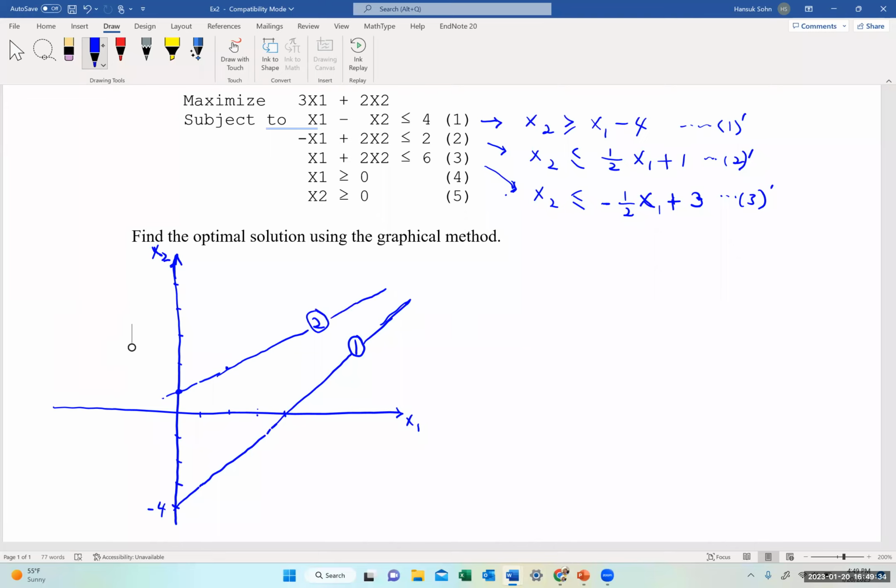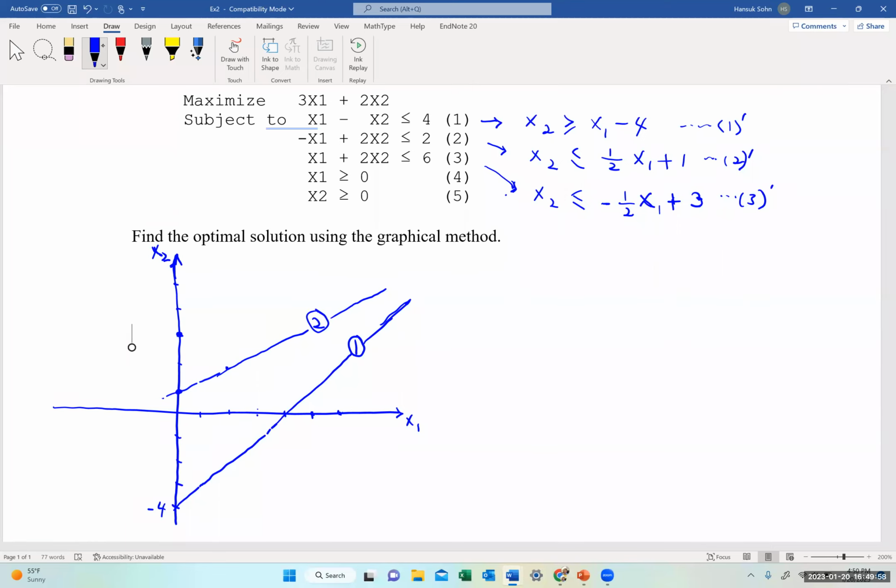And the third constraint has a slope of -1/2 and an x2 intercept of 3. So we start from here. One, two, three, 4, 5, 6. Something like that.